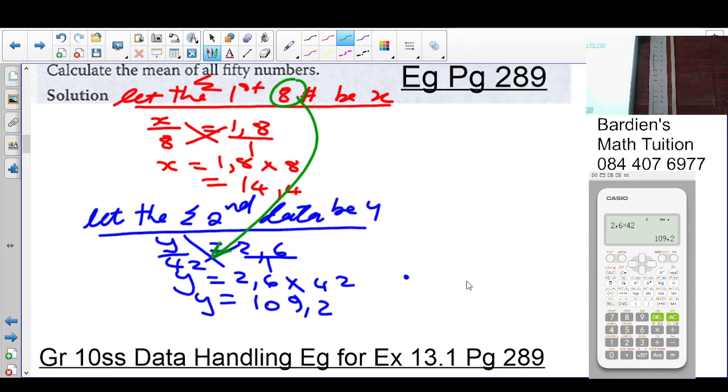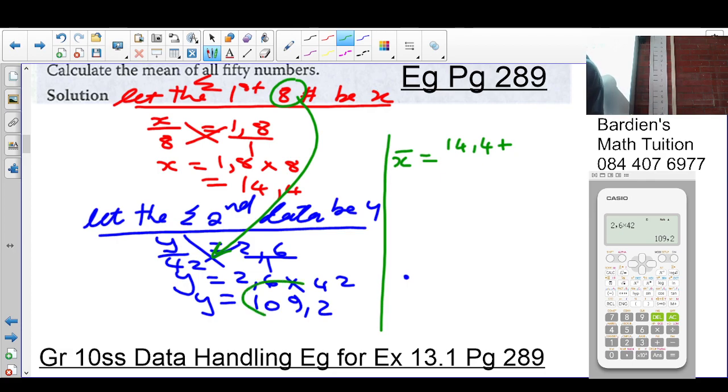You guys understand? So when you calculate your mean, it's going to be the sum of all the numbers, which is 14.4 plus 109.2, divided by 50.